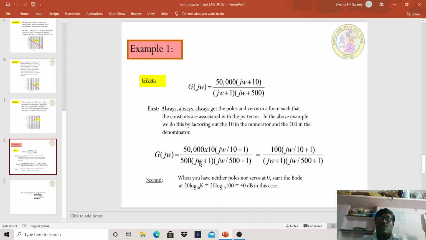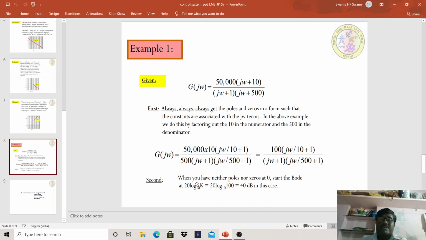Now, 500 times j omega by 500 plus 1. So you simply take 500 outside, numerator and denominator cancel each other, and you will get numerator 100 into j omega by 10 plus 1, divided by j omega plus 1 into j omega by 500 plus 1. This is the same as the earlier equation; it can be converted by taking the constant common to get this equation.